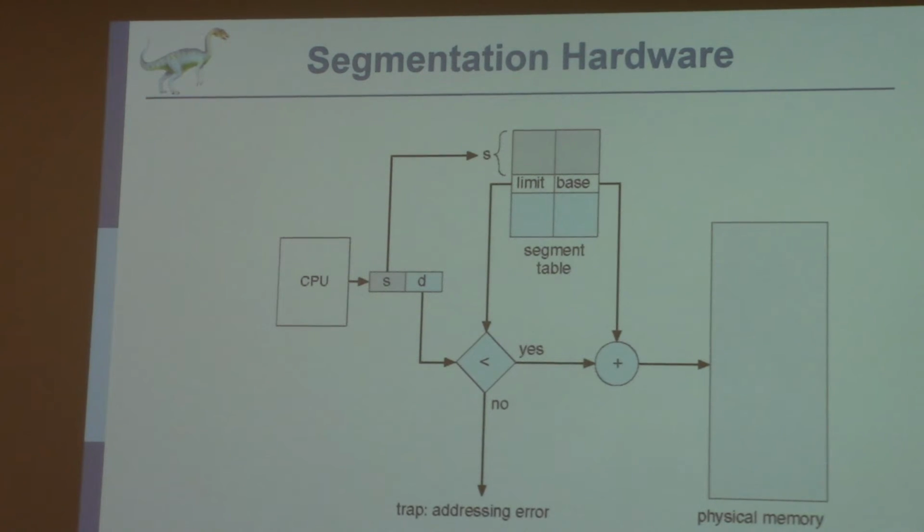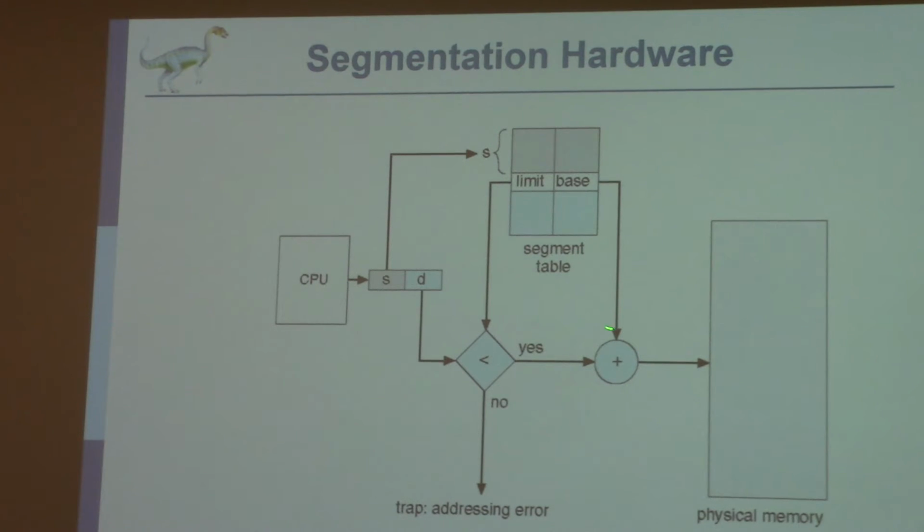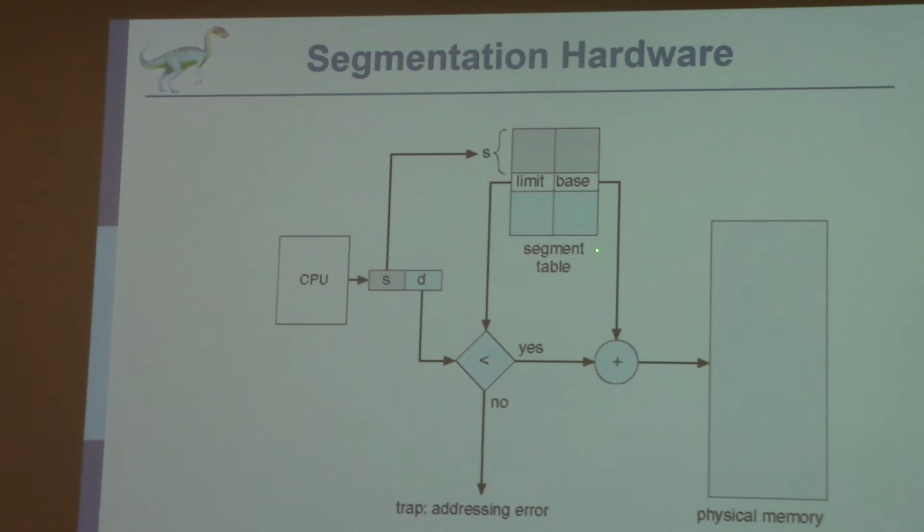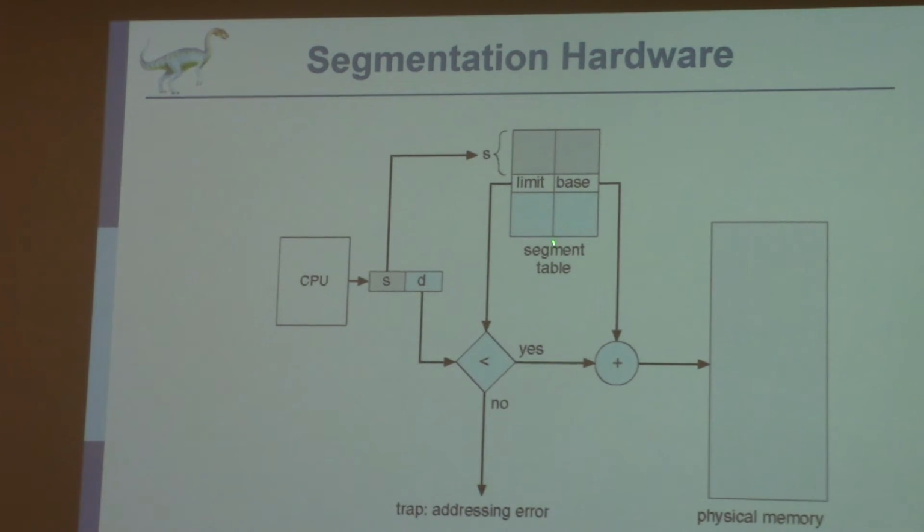So when you access an instruction, first take a look at the segment part. What is the limit and what is the base? You need to check the segment table. Where is it? It's in memory. So this register has the address.